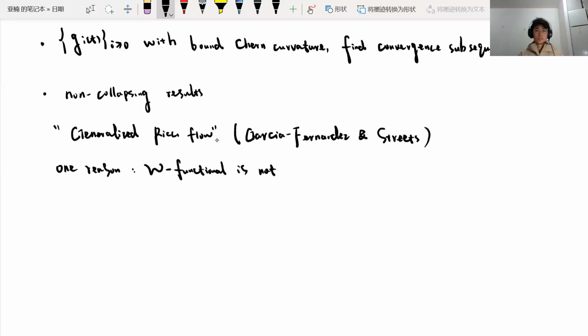But they find conditions such that, if we have this condition, then we can modify the definition of the entropy function and then we can get the local non-collapsing result.